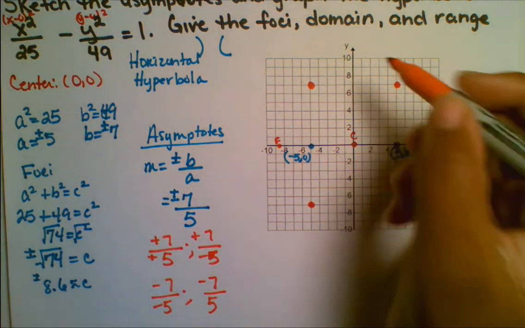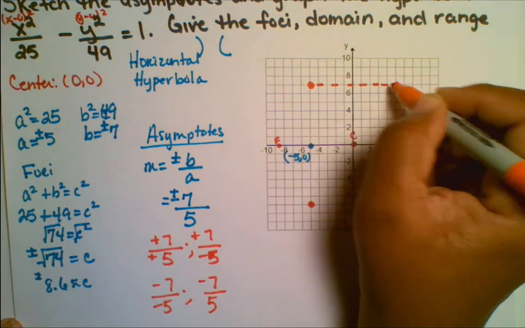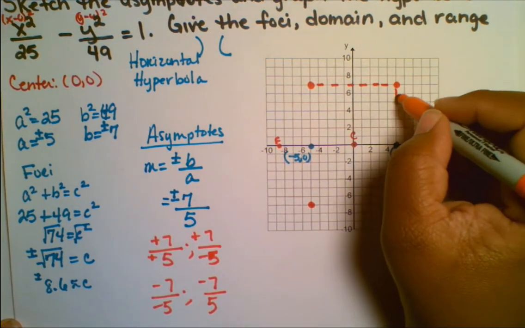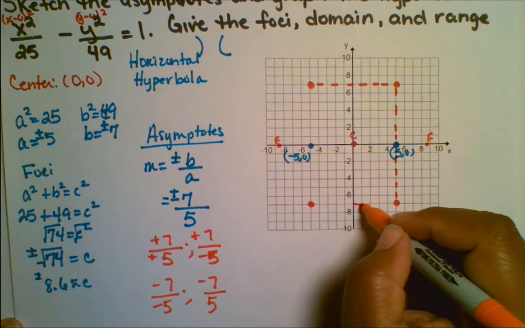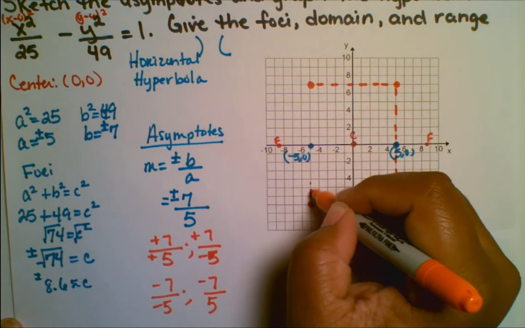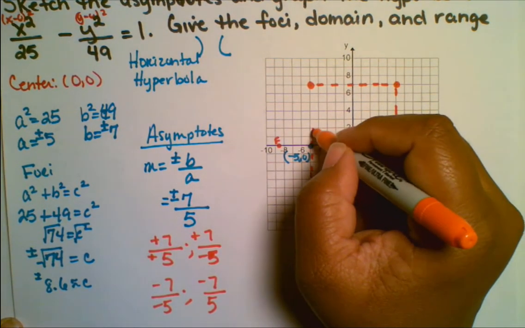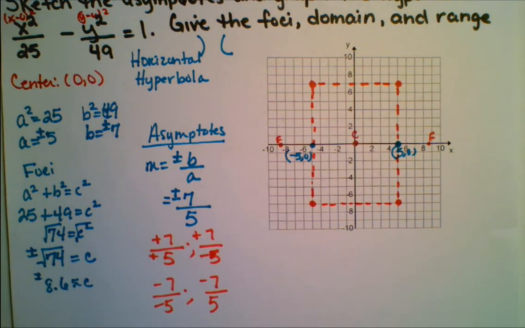Okay. So what's going to happen, I'm going to draw a dotted line, it's going to create a box. Okay. And then what's going to take place, we're going to connect those corners.